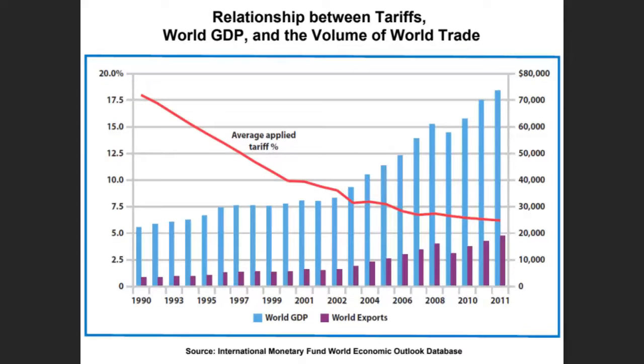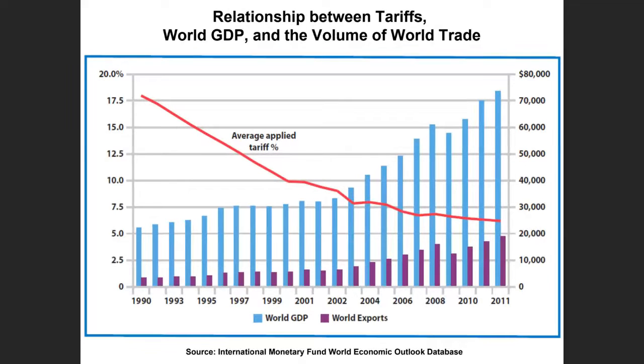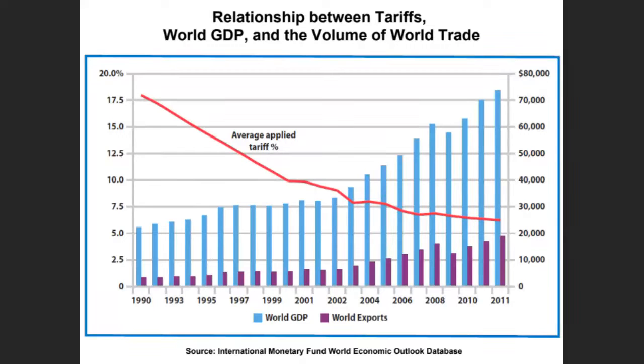Excellent, that's very good. I mentioned tariff is a measure for trade barrier, right? GDP is a measure for economic growth, but most importantly, economic growth represents the wealth of a country.